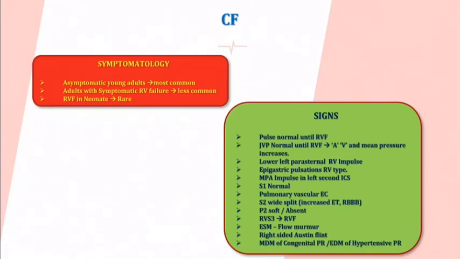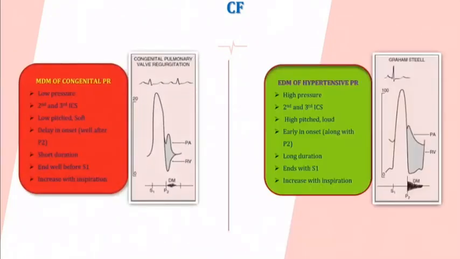There can be a right-sided Austin Flint murmur, similar to aortic regurgitation. There can be a mid-diastolic murmur of congenital PR or an early diastolic murmur of hypertensive PR. We can see the differences between them. The mid-diastolic murmur of congenital PR is classically low pressure PR, that is a low pitched soft sound.